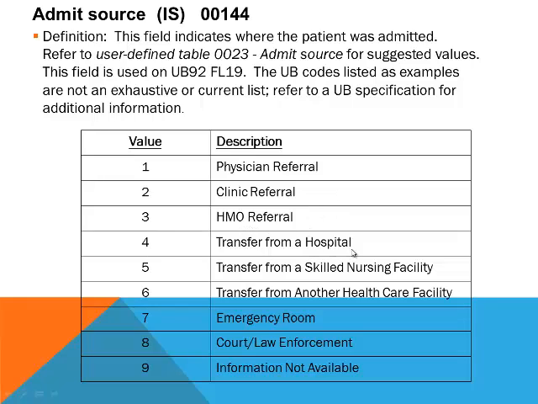Also 4 means transfer from hospital, 5 means transfer from a skilled nursing facility, and 6 means transfer from another healthcare facility. Also 7 is emergency room, 8 is court or law enforcement, and 9 is information not available. So this means the admit source.